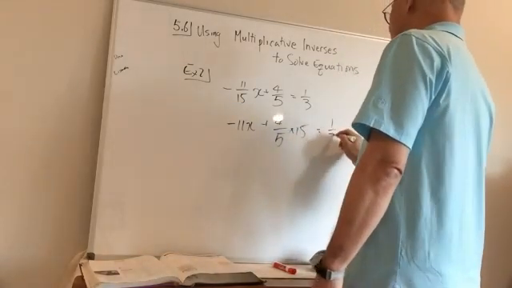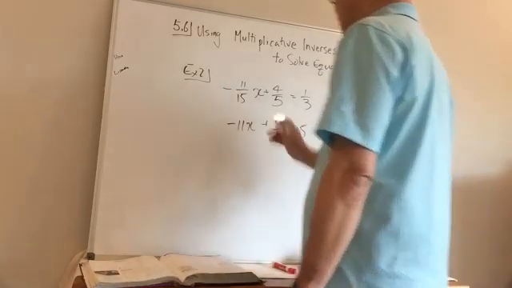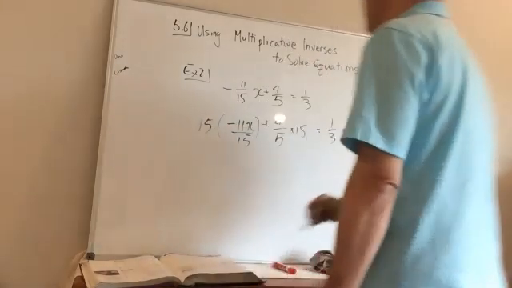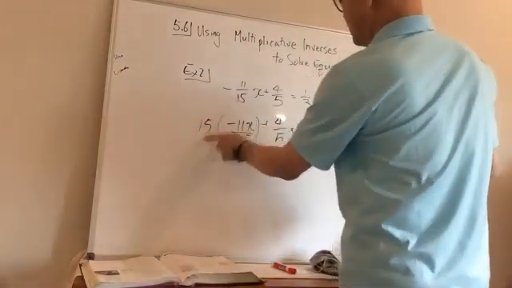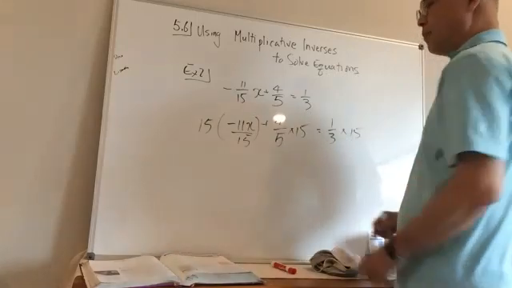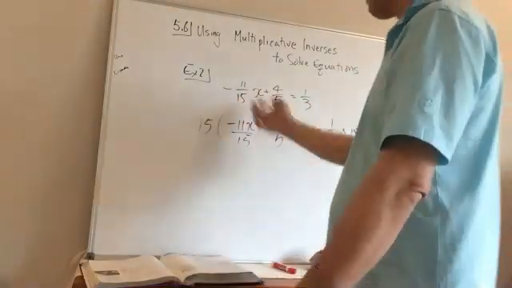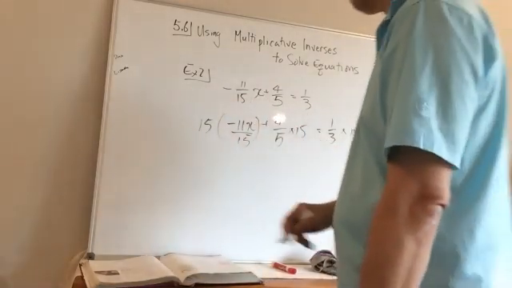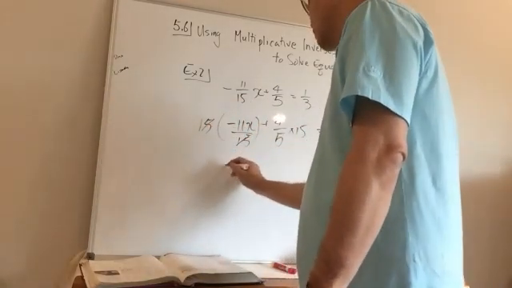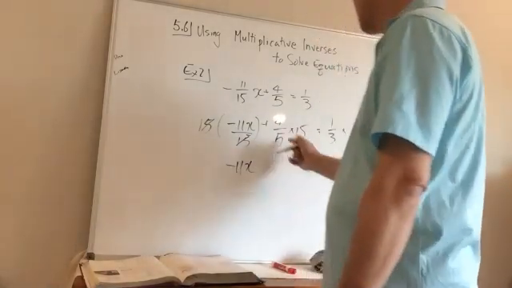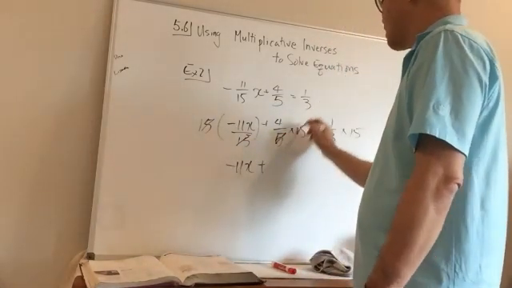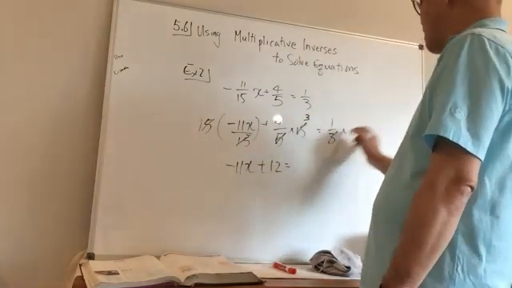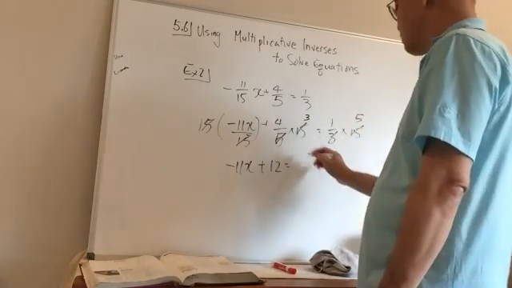I'm multiplying this by 15, this by 15, and this by 15, because 15 is the common denominator between 3, 5, and 15. Now the 15 cancels out, negative 11x, plus this 5 here, 15 times 4 over 5 gives 3 times 4, so 12. And 15 times 1/3 gives 5.